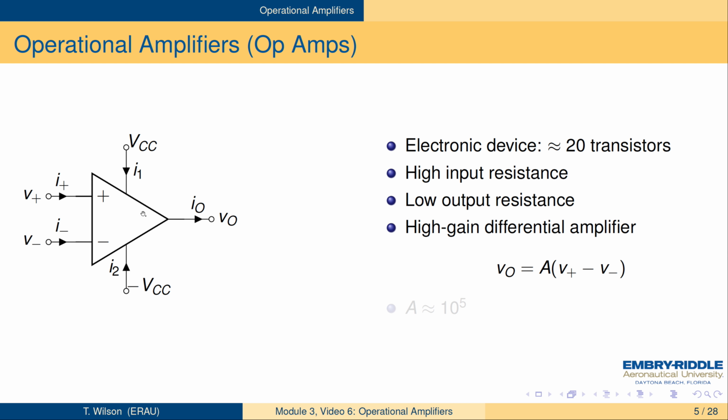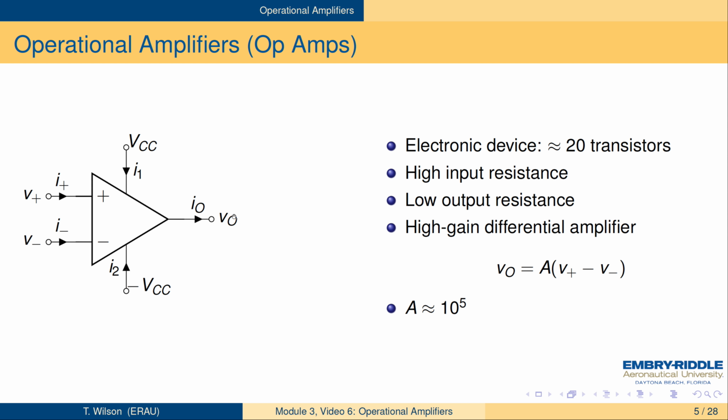That is, the output is a scaled difference of the input at the non-inverting terminal and the inverting terminal. And how big is the scale factor? Big, 100,000 or so. We'll see what that means in a second, but you can imagine the supply terminals are usually plus or minus 15 volts. So the output can't be bigger than the voltage supplies. That would be magic.